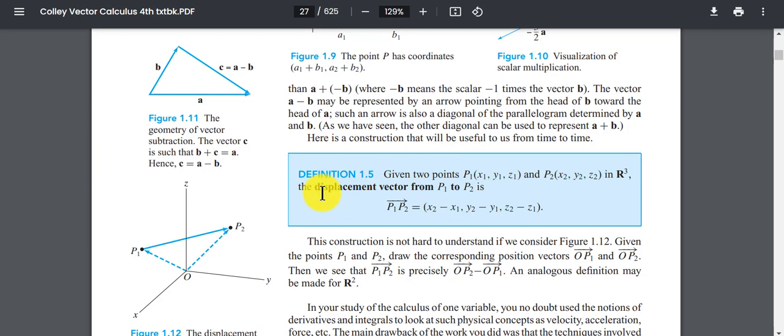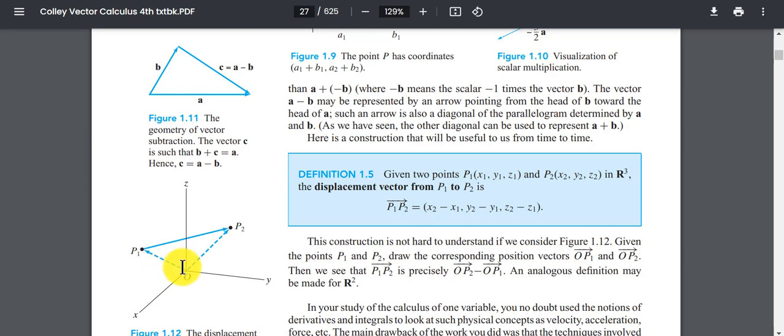But so what does it say? It says if you have the point P1 and the point P2, the so-called displacement vector from P1 to P2. This is really what we just called this vector minus this vector, right? We just talked about A minus B being the vector that goes from B to A. So this one goes from here to here, so it's this one minus this one.